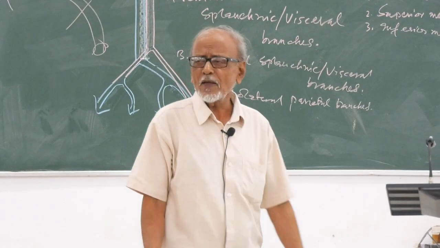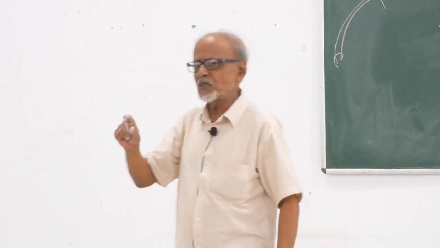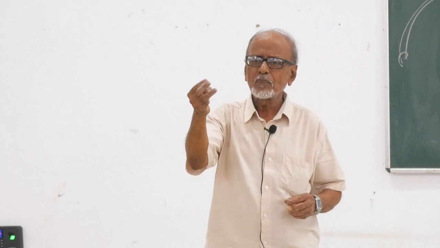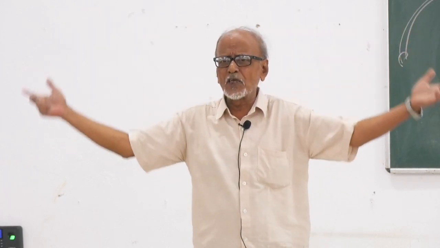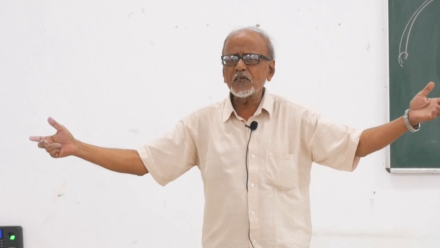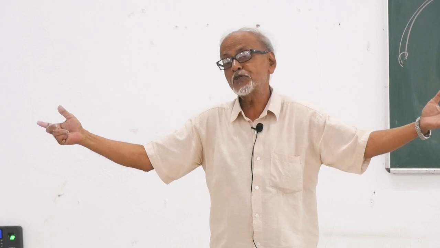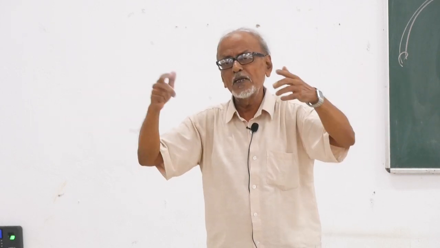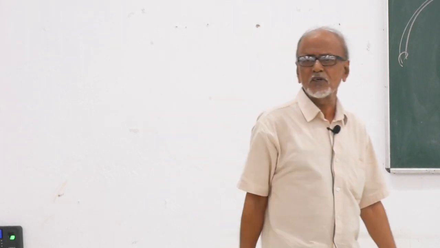Celiac trunk, superior mesenteric, inferior mesenteric: three arteries will give branches, obviously many branches. 16 to 20 jejunal and ileal arteries will spring or sprout from the superior mesenteric artery.